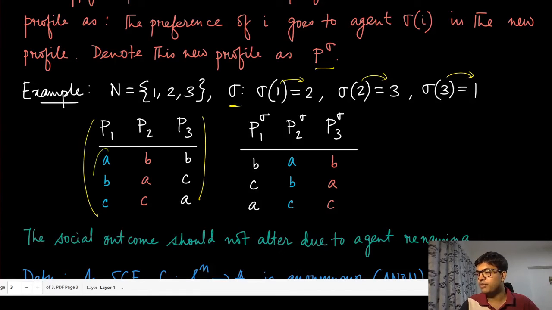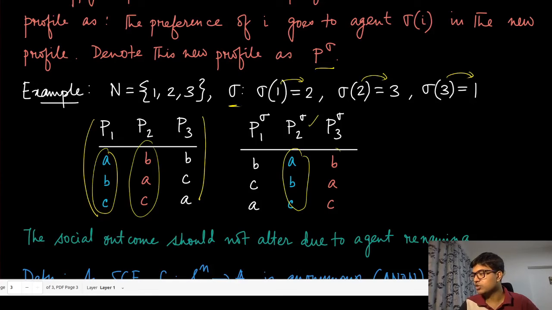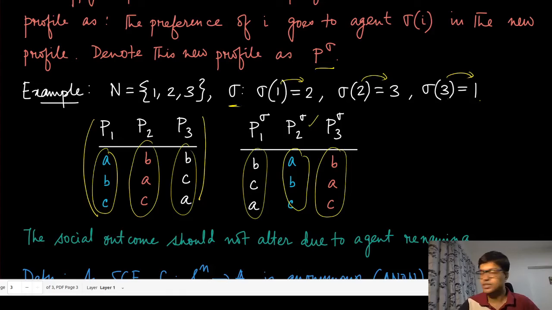So the same preference profile will now go to agent 2 in the new transformed game. 2 will go to 3, so 2's preference has gone to agent 3's preference, and 3 has become 1 here. So that is the meaning of this permutation of the preference profile.